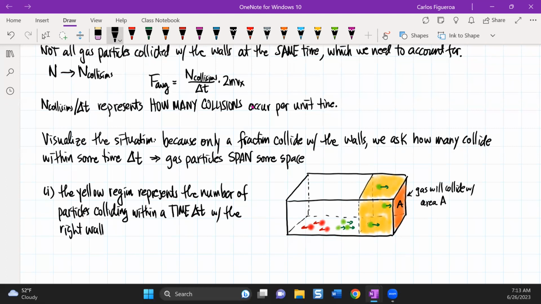This is really important: within a time delta t. So that means these particles span a space.